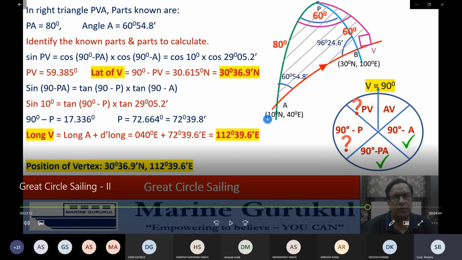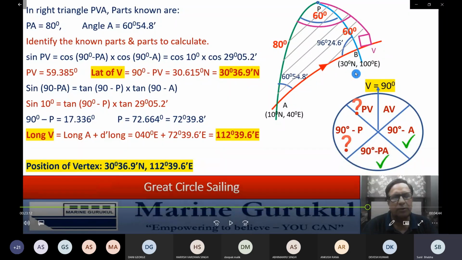So that means our position A is at 10 degree north. They want you to find out the next position where the great circle track is crossing 15 degrees north. The next one would be 20 degrees north. Next one would be 25 degrees north. And then after that we will reach our destination, which is 30 degrees north. So these are the two ways in which intermediate positions can be asked to you.